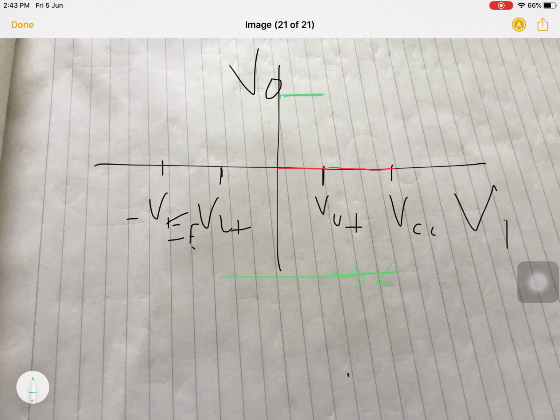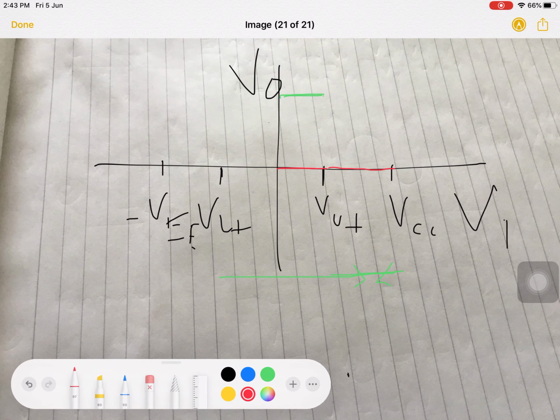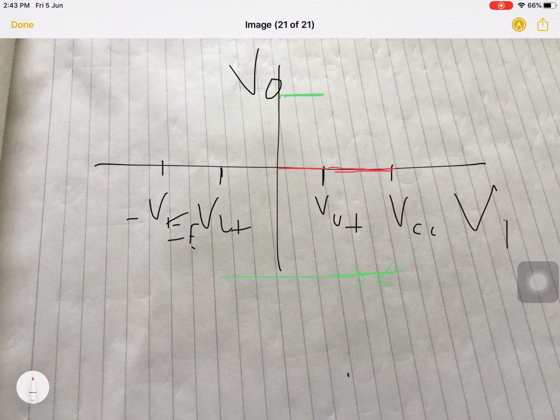Similarly the input will also come back. First the input is going in this direction, now it is coming back in this direction, and it will go up to VLT.